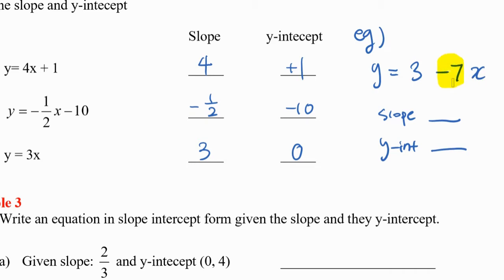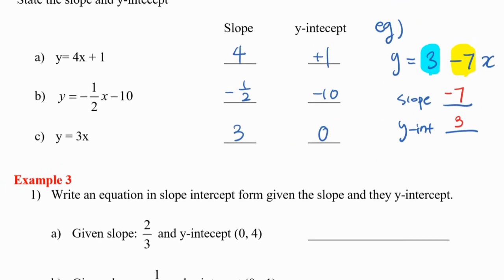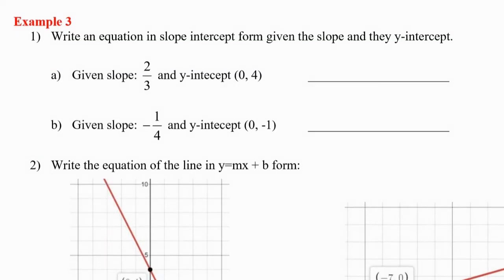The slope should be negative 7. The slope is the coefficient, alright? So you say the slope is negative 7. The y-intercept is a constant. It should be the constant here. The constant is 3. That is positive 3. Alright? Okay, let's move on to the next question.